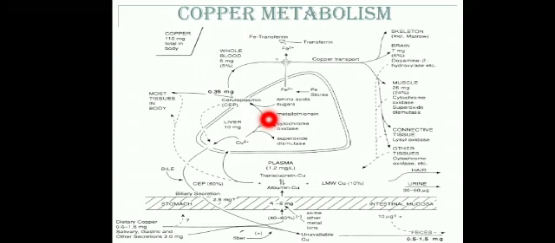It is incorporated into metallothionein, and it is getting incorporated into ceruloplasmin, which as we all know is an acute phase protein as well as a transport protein which transports amino acids as well as sugars.